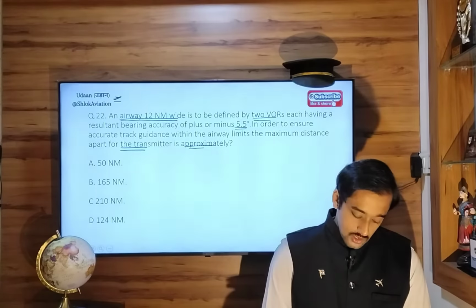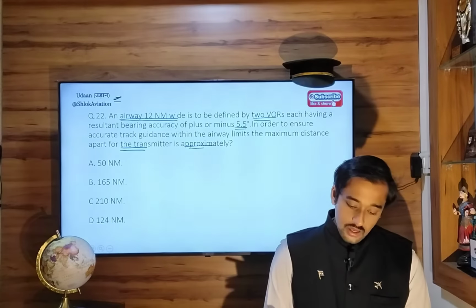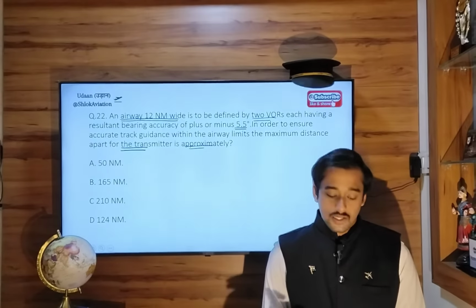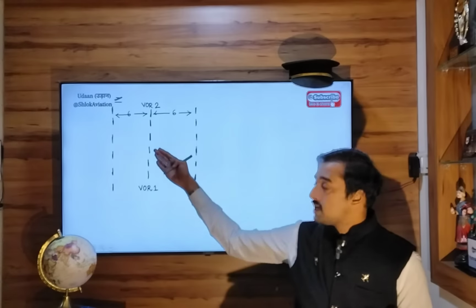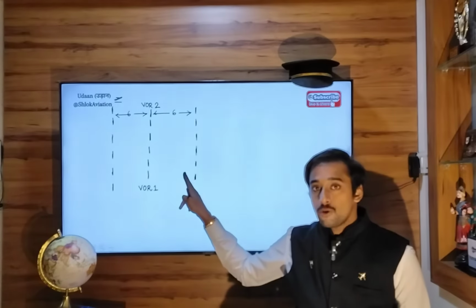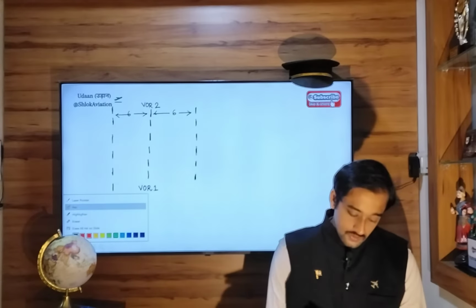So let's label this 6, 6, and the bearing accuracy, that means the angular error between your center line radial and this boundary of the airway, is 5.5 degrees.